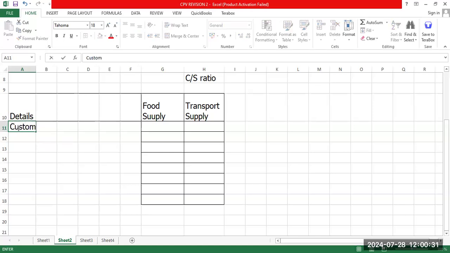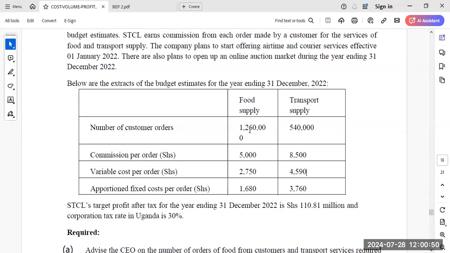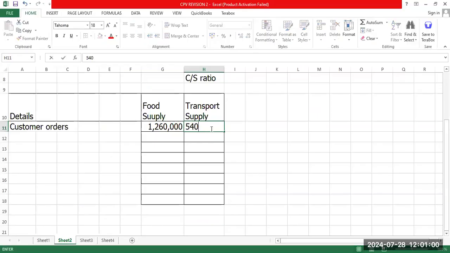Let me start with customer orders. For food supply, how many? Is it 1,260,000? Let me check, confirm. Yeah, 1,260,000. This is 540.